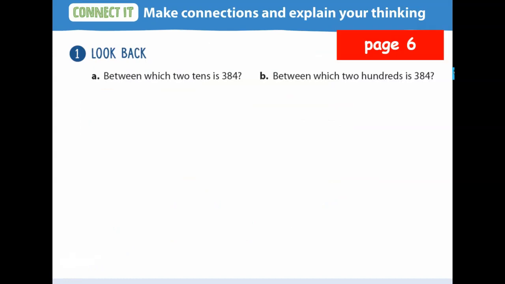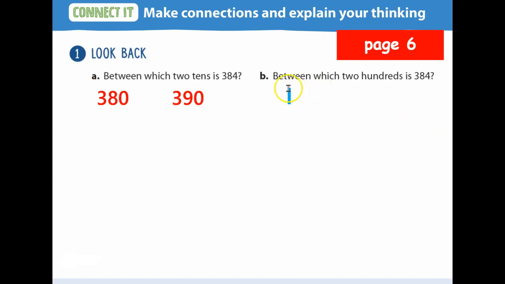So we said already between which two tens does it fall? It's on your screen. It's on your paper. We just said it, guys. Say it. 380 and 390, right?